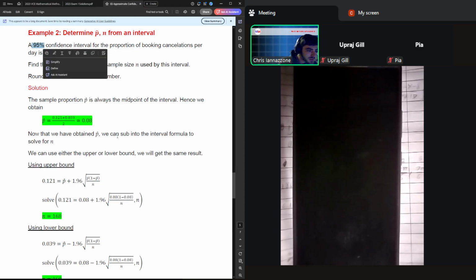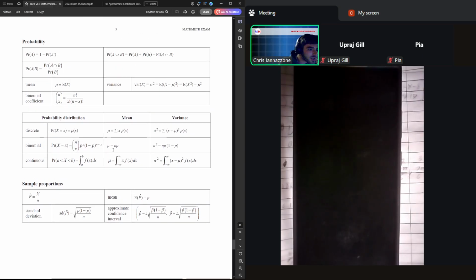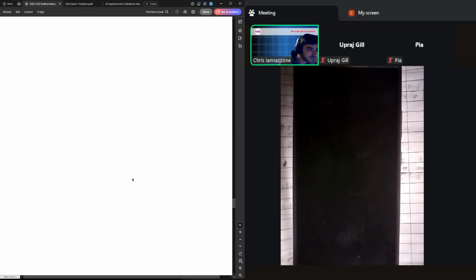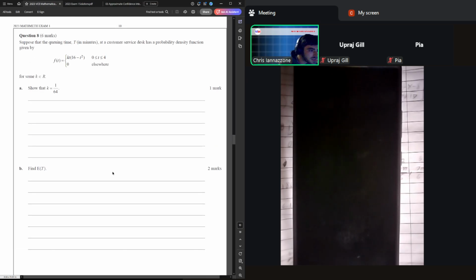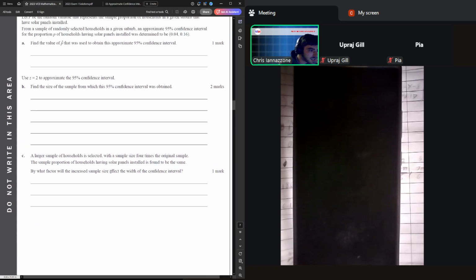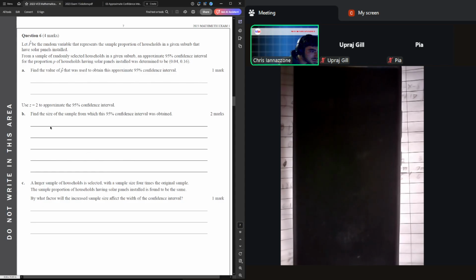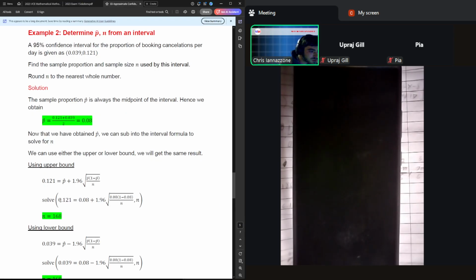If you're using a 95% confidence interval, then you're using z equals 1.96. Although because this is tech-free, you wouldn't really be required to use 1.96. That's more so for tech-active. They say use z equals 2 to simplify things a little bit for you, but in tech-active, you'll be using 1.96.